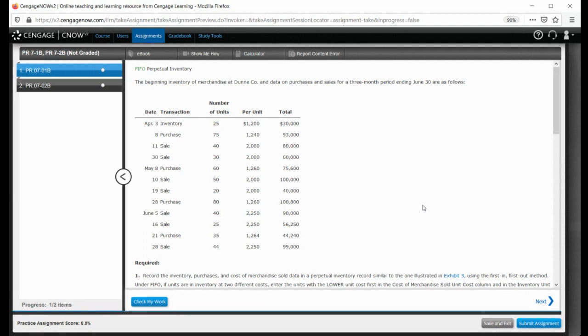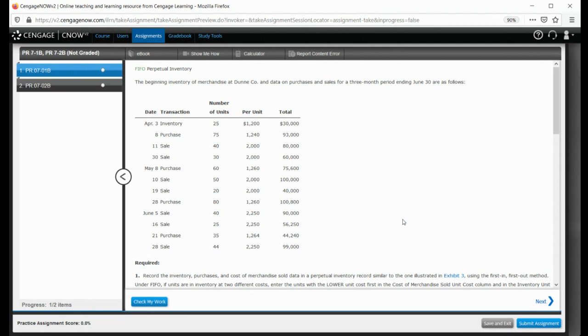And so what we're going to be looking at is the cost of the inventory, and if it's rising during a period of time, and if we choose to use the FIFO method, it's going to give us a value for our ending inventory that will be a little bit different than the other methods that we are going to talk about, which will be the LIFO method, which is the last in, first out method, and the weighted average method.